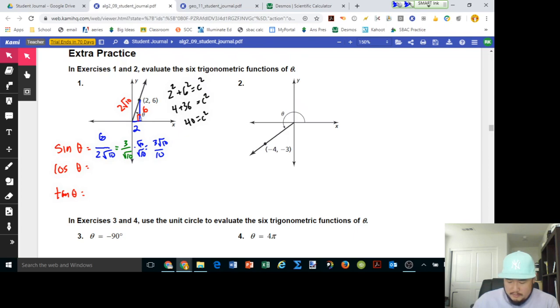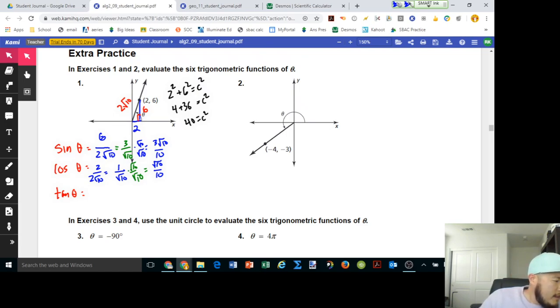For cosine theta, adjacent over hypotenuse, so we have 2 over 2 rad 10. If we simplify that, we get 1 over rad 10. We'll rationalize this again by multiplying top and bottom by rad 10, and that will get us rad 10 over 10 as our solution.